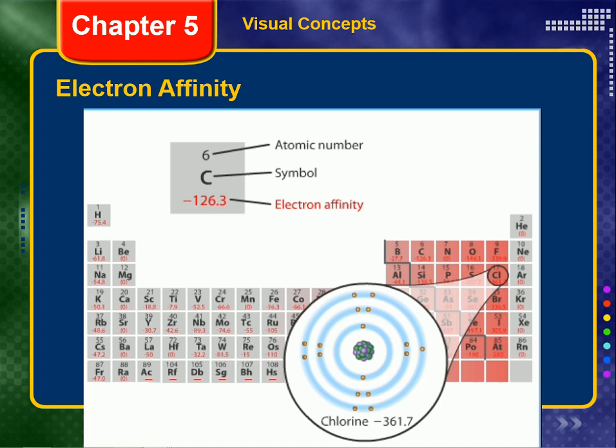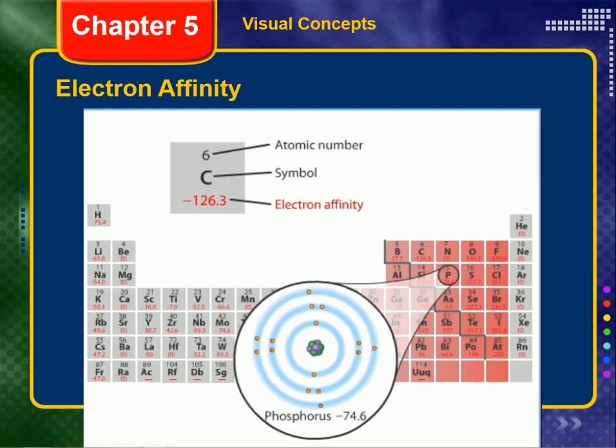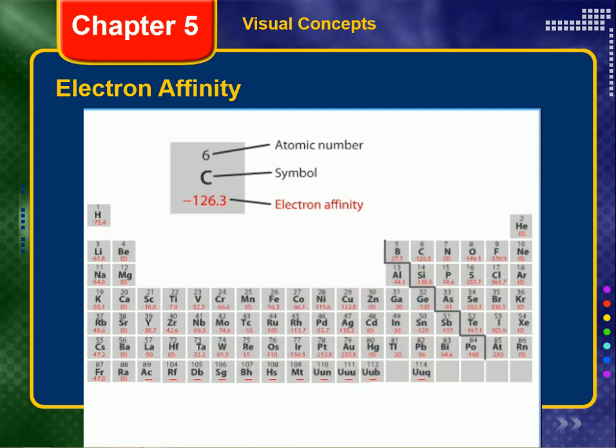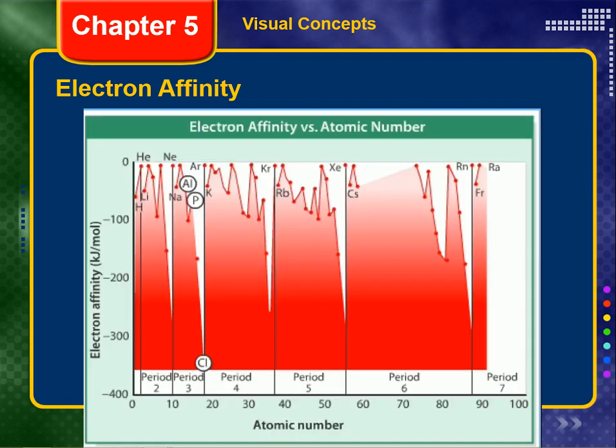By convention, the more negative the number, the more strongly the atom attracts the negative electrons. Phosphorus has 5 valence electrons and an electron affinity of only negative 74.6. The electron affinity of aluminum, with 3 valence electrons, is negative 44.1. Because of the way electrons form orbitals, there are some lapses in this pattern. Nevertheless, the general trend holds.